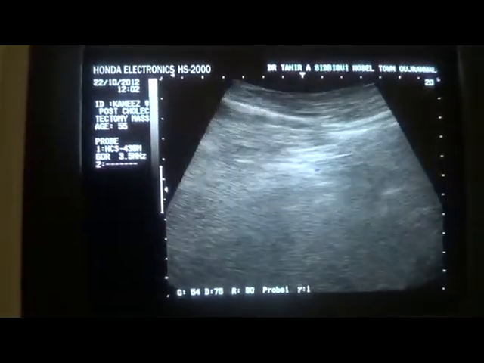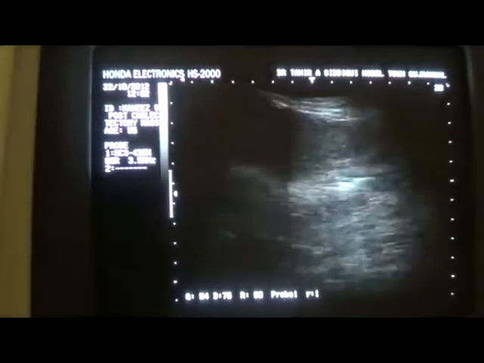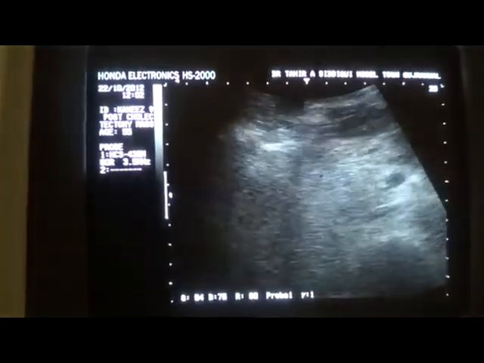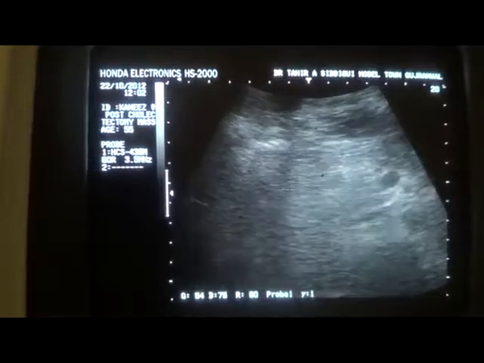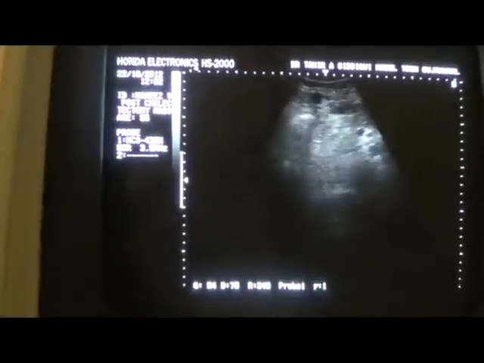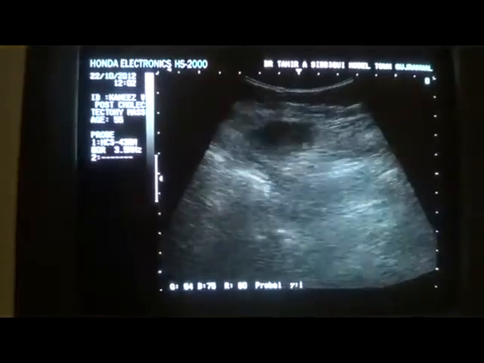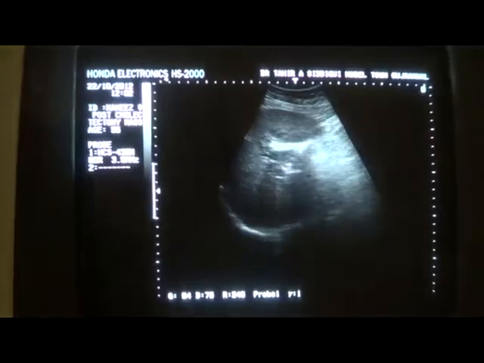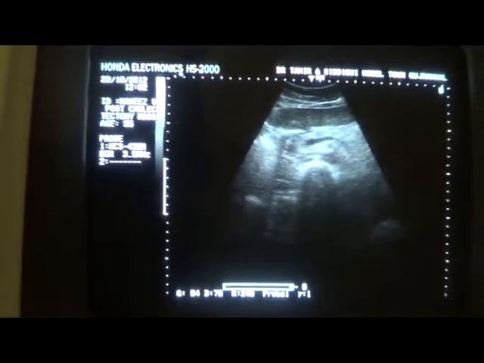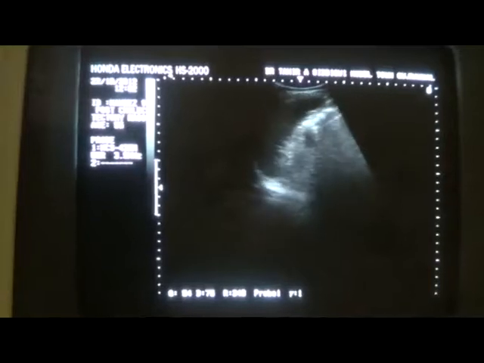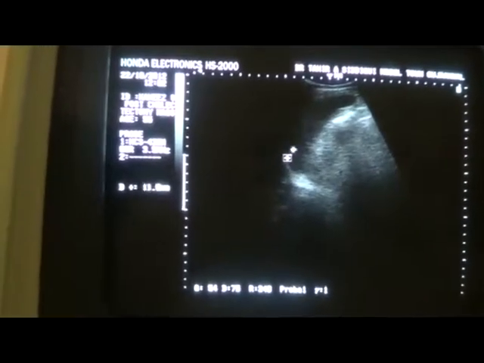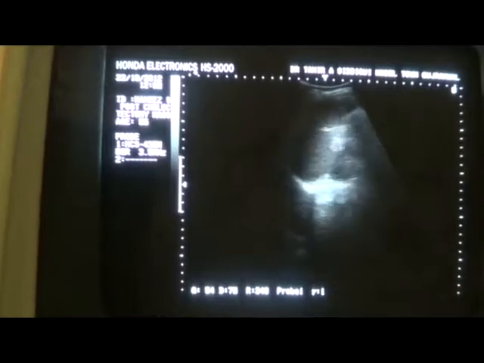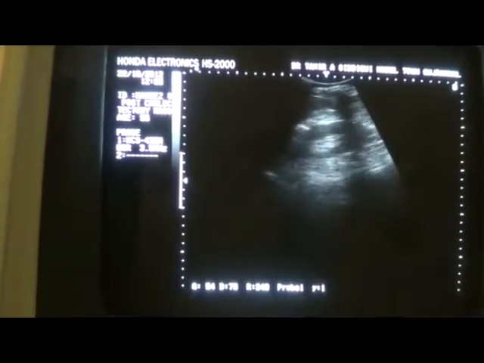If I come down, these echogenic areas that we were seeing just below the subcostal region do not cross the midline, do not relate to any other organ. There is no pleural effusion, there is no para-aortic lymphadenopathy. The spleen is normal in dimension, 10.5. The kidney is normal.